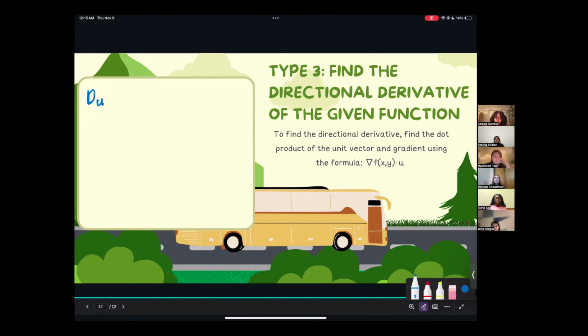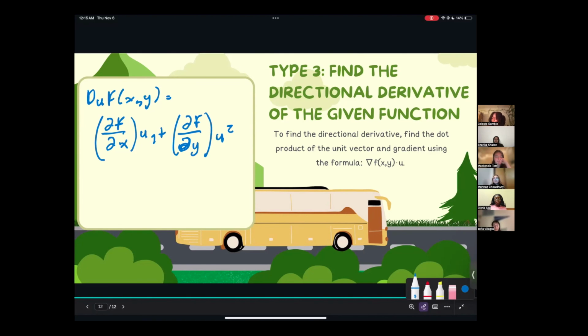And so the directional derivative of f at point (x, y) is equal to the partial derivative with respect to x multiplied by u1, plus the partial derivative with respect to y multiplied by u2.